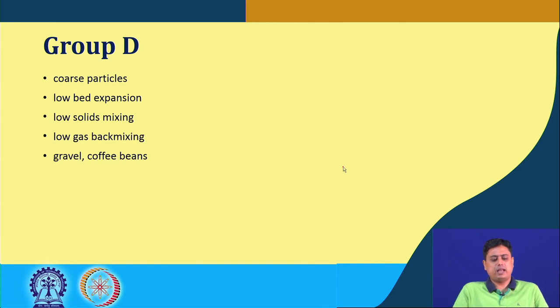The examples are like gravels, coffee beans, and something like that, which are bigger in size. Fine. So I hope this categorization is now clear to you, what is Geldart's group A, group B, group C and group D, how they will behave in fluidization, and which one to choose and why for ideal fluidization.